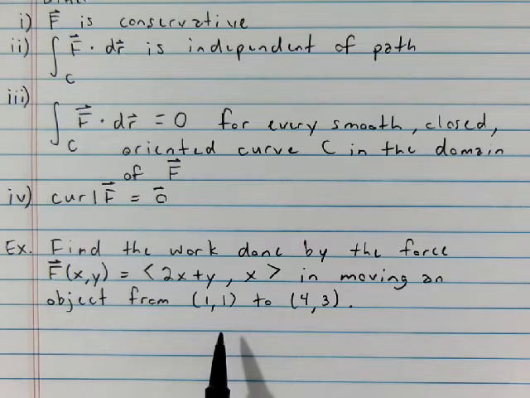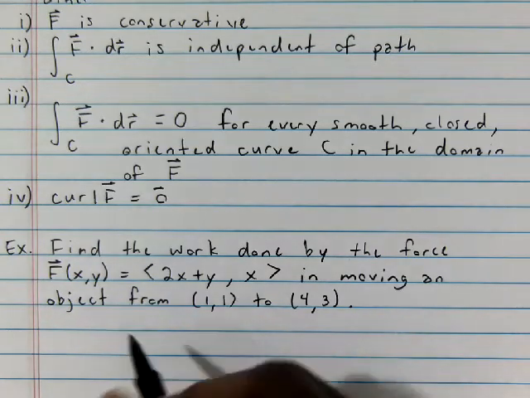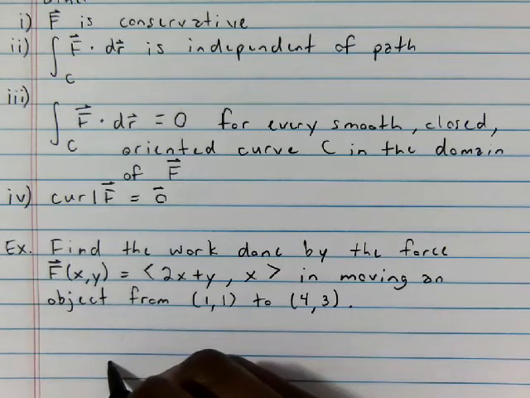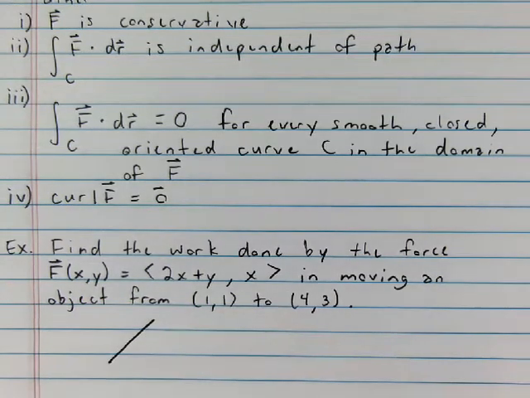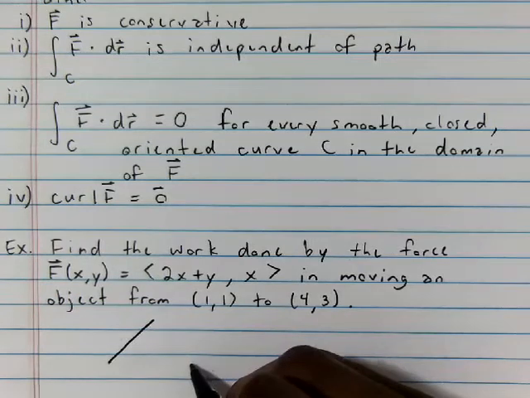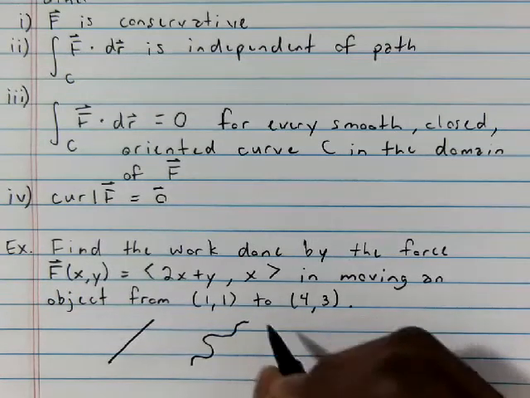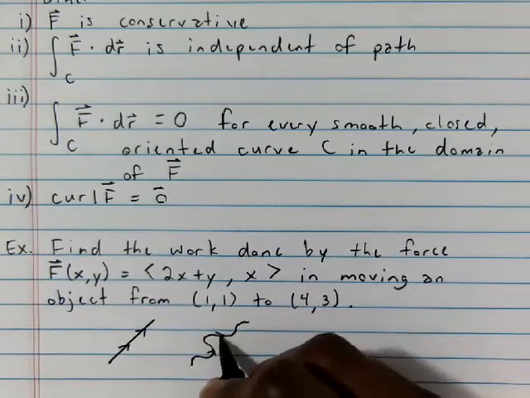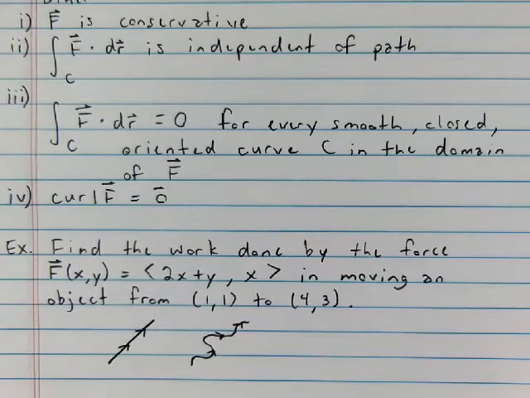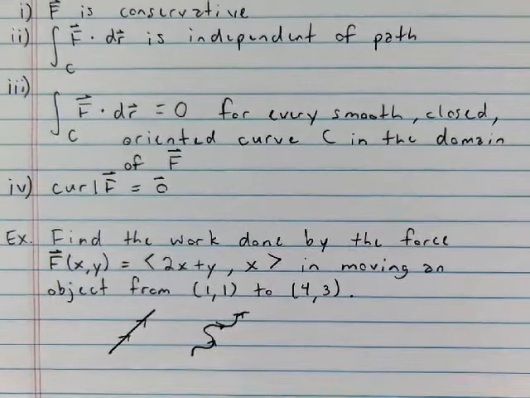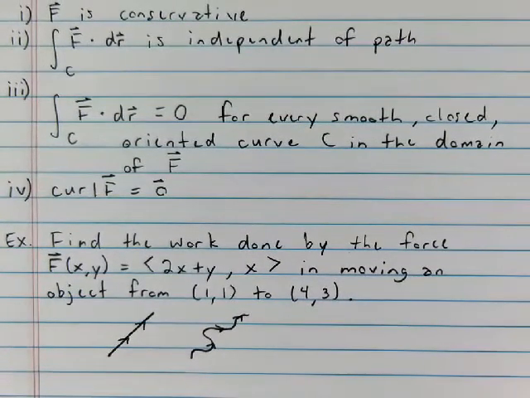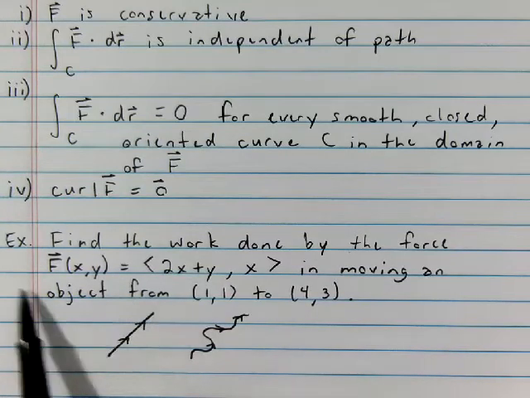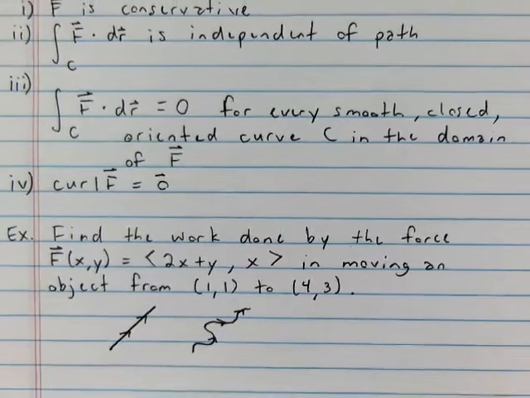Now, we could assume we were traveling along a line, but there's nothing in here that says we were traveling along a line from (1, 1) to (4, 3), or along some curve that looks like this from (1, 1) to (4, 3). It could be either one. We don't know which one. But that's the whole point of independent of path: whichever path we're traveling, the amount of work done by this force is going to be the exact same.